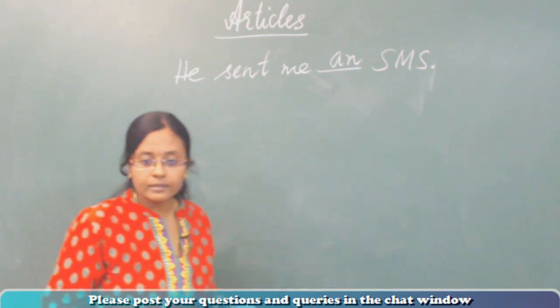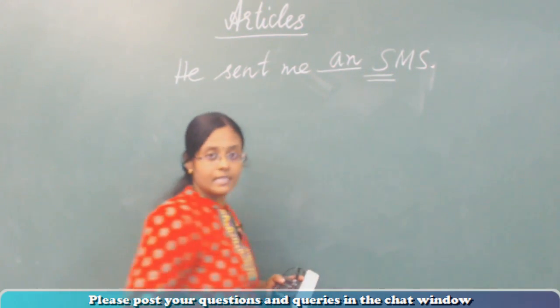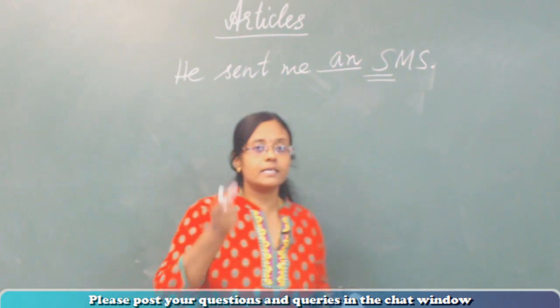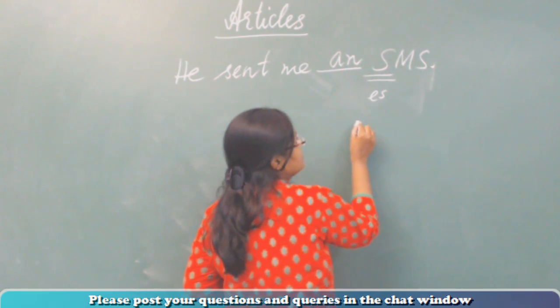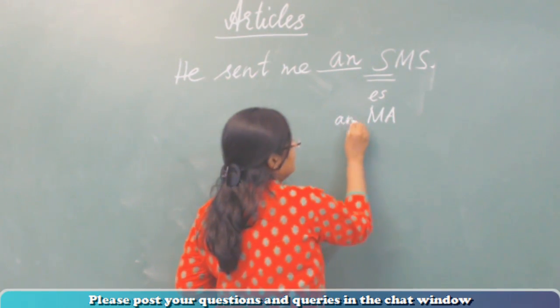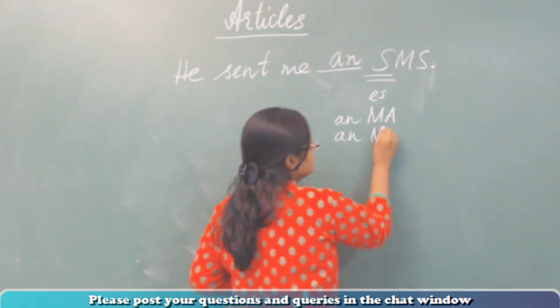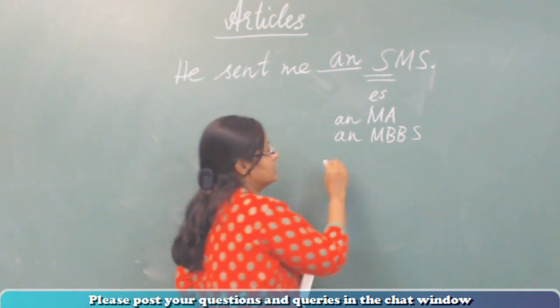Okay. It is an because when you pronounce the letter S, it is this way, S. Same like MA, that's why we say an MA. And an MBBS. He is an MBBS. We do not say a MBBS. Why?